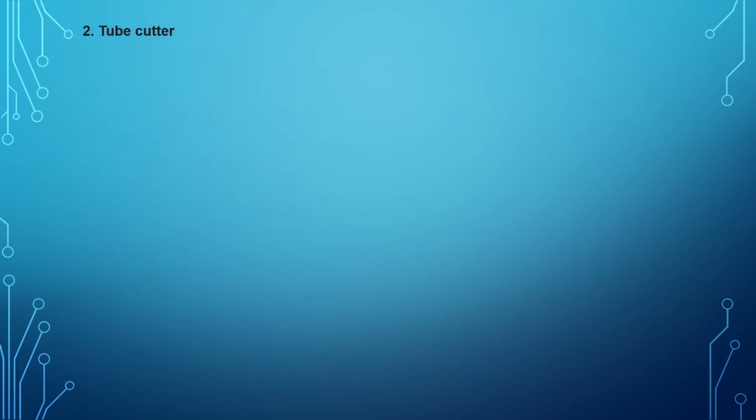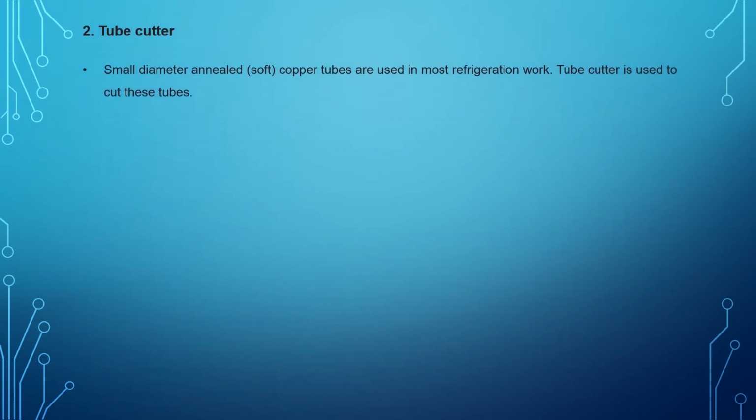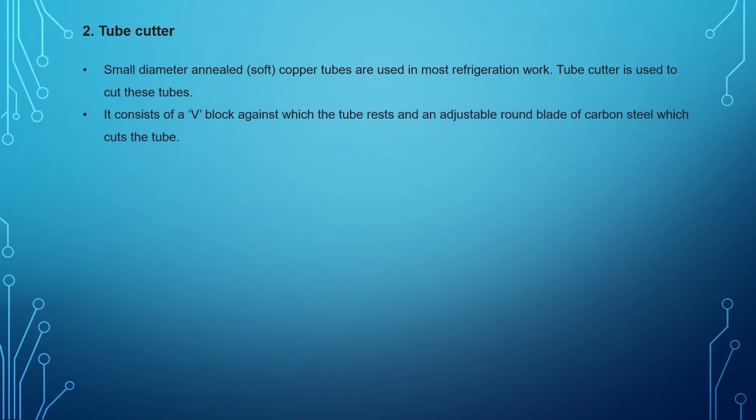Tube cutter. Small diameter annealed copper tubes are used in most refrigeration work. A tube cutter is used to cut these tubes. It consists of a V block against which the tube rests and an adjustable round blade of carbon steel which cuts the tube.